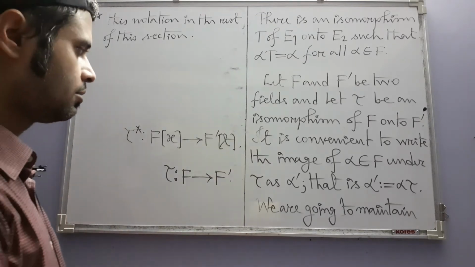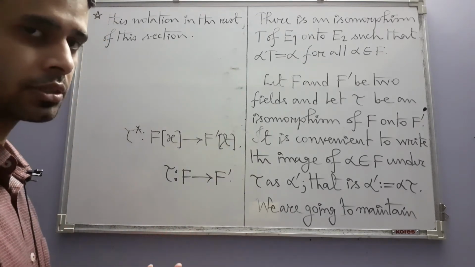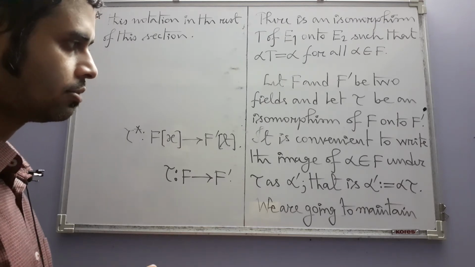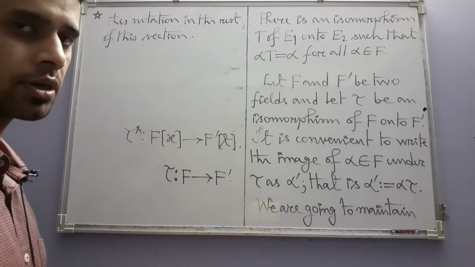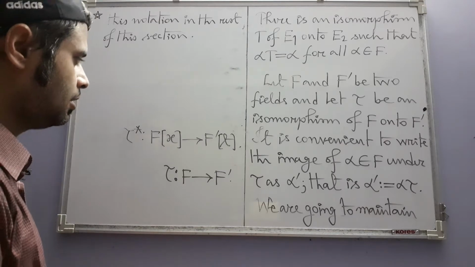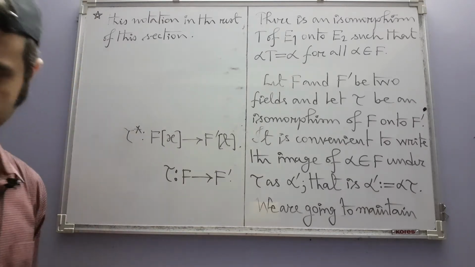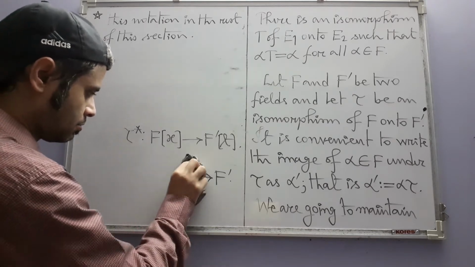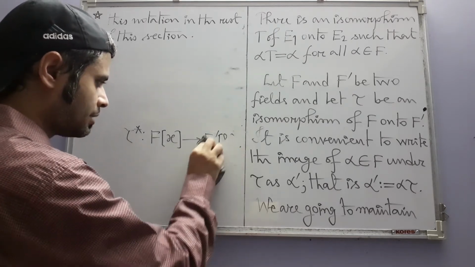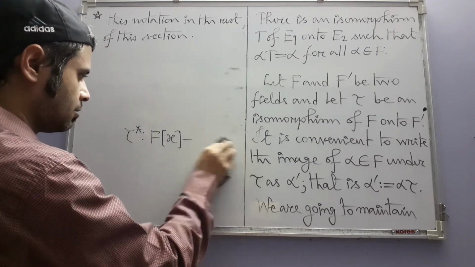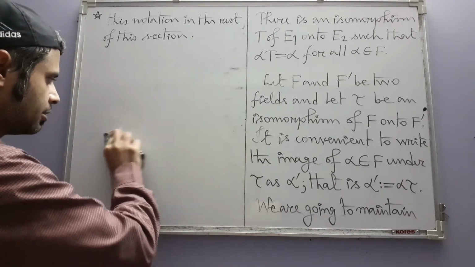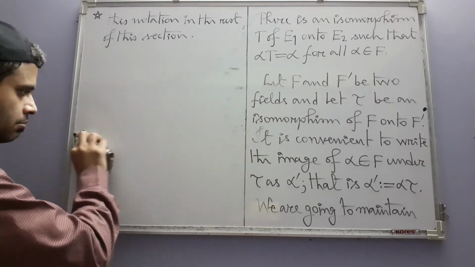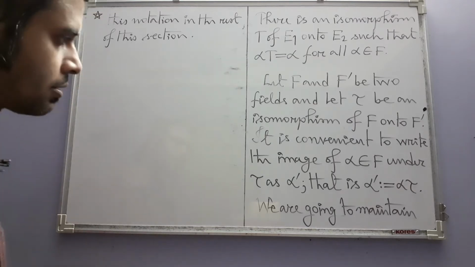That is our next question, and in fact we can do that in a pretty straightforward manner. So let's see what that isomorphism is. Why suddenly are we going again to polynomial rings? We will see. Let's just first answer that.